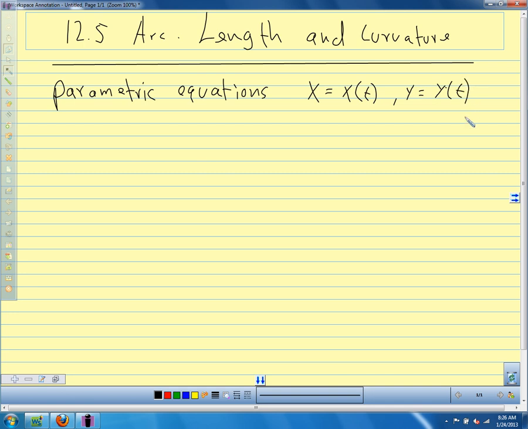On some interval from a to b, we said that the arc length for these parametric equations, s, was the integral from a to b of the square root of x prime of t squared plus y prime of t squared. And that was how we calculated arc length for parametric equations.